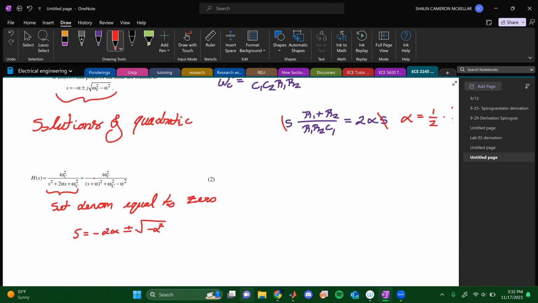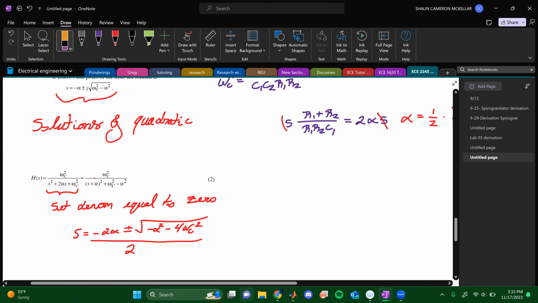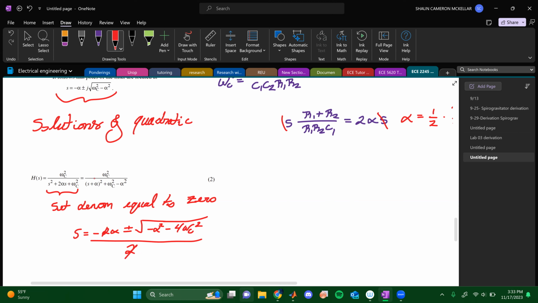Negative b squared minus 4. a is just 1 and c is omega c squared. And then this is all over 2a. So I see the 2's cancel. So this should be b squared. It can't cancel unless you factor out a 2 from the quadratic.